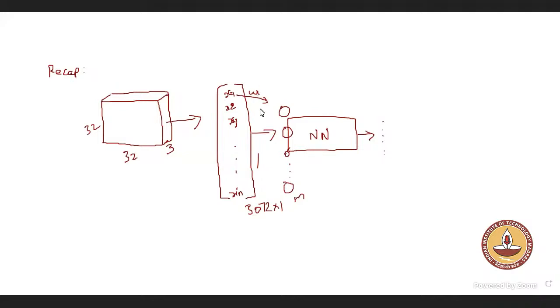Okay. So the question is, is this necessary? One problem that I already talked about in the previous session is that when you flatten this out, we lose the spatial relationship between pixels. Those spatial relationships carry more information, so we want to retain them.